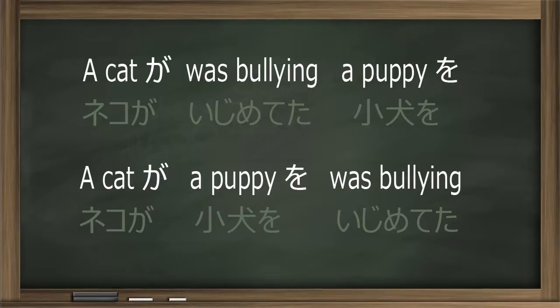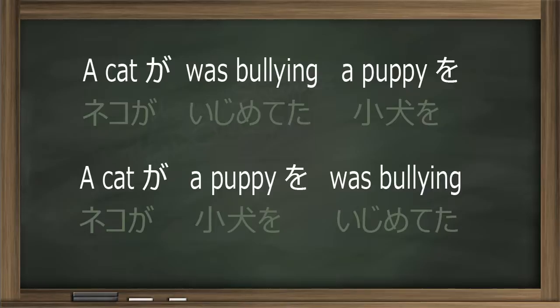Okay, I've given you 2 sentences here. Top one, the words are arranged according to the English word orders, and the bottom sentence, the words are arranged according to the more typical Japanese word orders, probably the most typical orders.